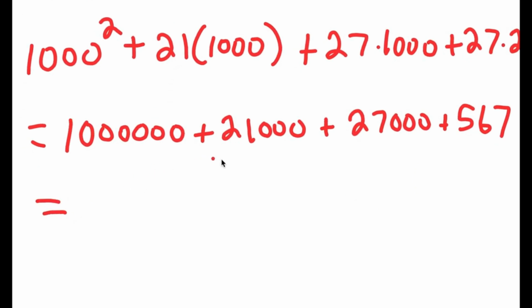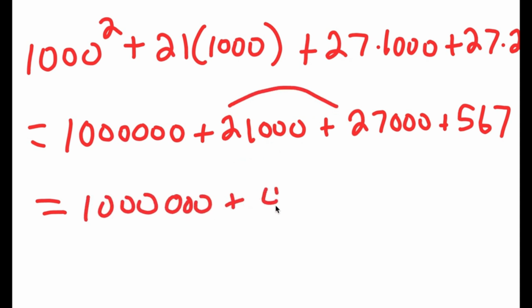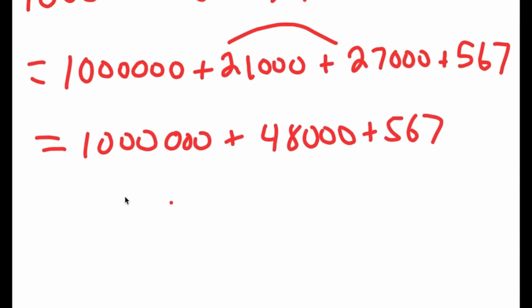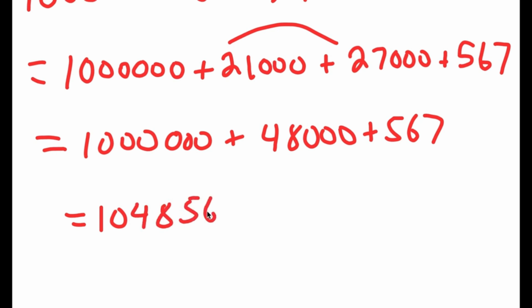Now, I'm going to add all these up. So 1 million plus 21,000 plus 27,000 is 1,048,000. So I have that plus 567, which is equal to 1,048,567.